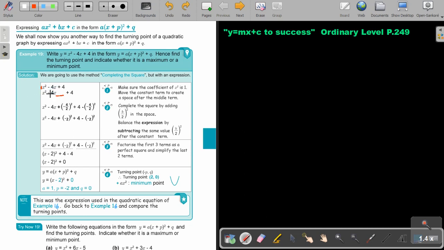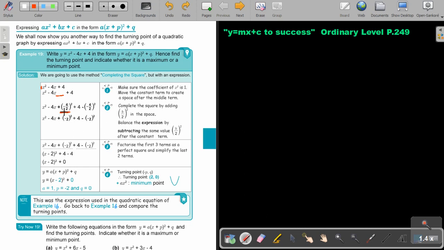Now, can you still remember how we made the perfect square? We take the middle value, divide it by 2 and square the result. So basically we're going to take that negative 4, divide it by 2 and square the result. Now, to balance the expression, subtract the same value after the constant term.